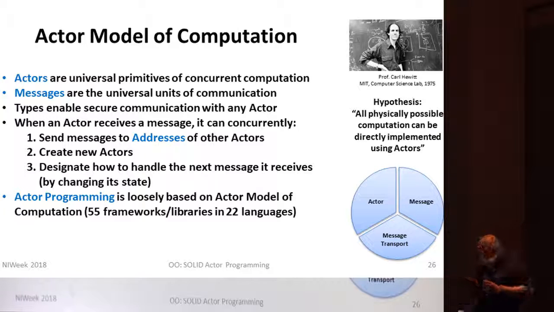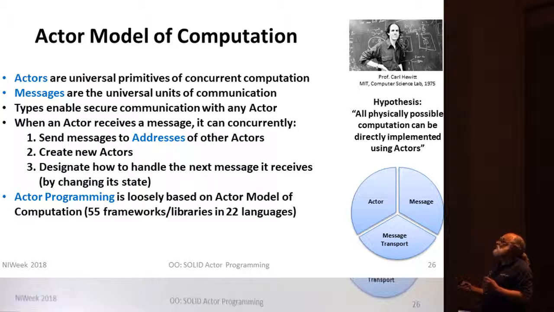Okay. So, the actor model of computation. Back in 1973, Professor Carl Hewitt of MIT formulated the actor model of computation. He worked in the field of artificial intelligence, and he was interested in the behavior of parallel systems.